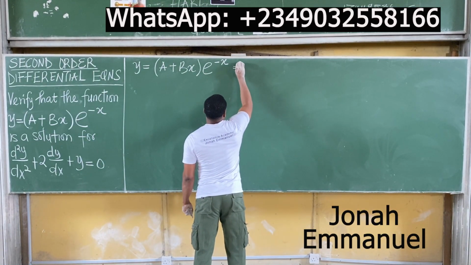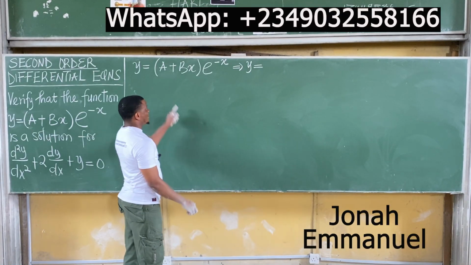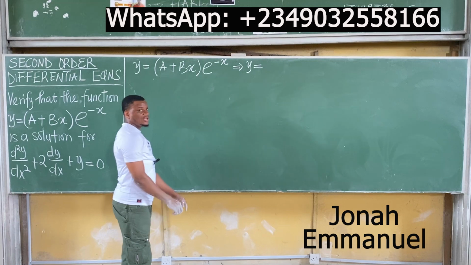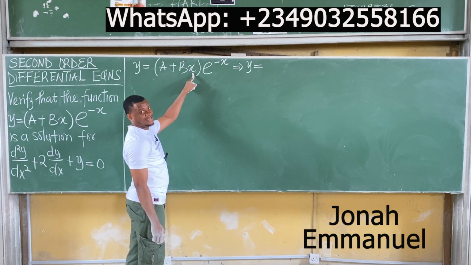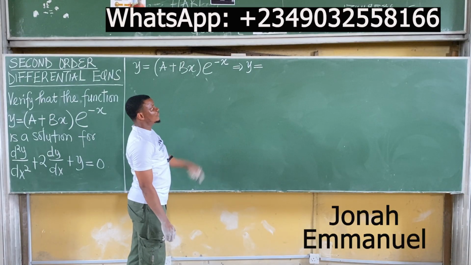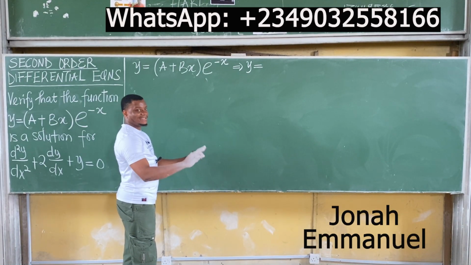From here, we can say that y is equal to, depends on how you want to solve this. You can solve this as a product rule because this one has an x here multiplying this. But for convenience sake, let me first of all expand them.